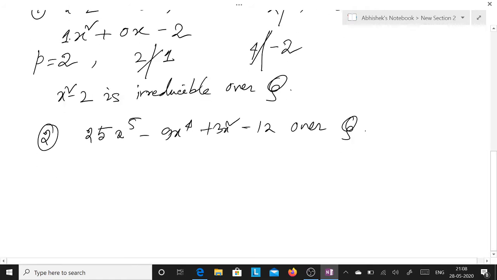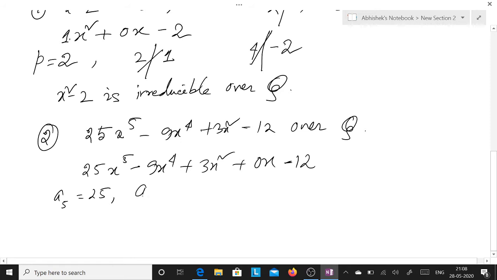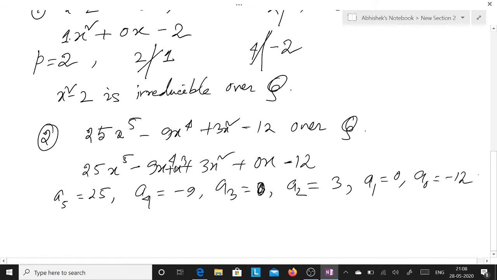Let us have a look at the coefficients. It is 25x to the power 5 minus 9x to the power 4 plus 0x cubed plus 3x square plus 0x minus 12. So the leading coefficient a5 is 25, a4 is minus 9, a3 is 0, a2 is 3, a1 is 0, and a0 is minus 12.